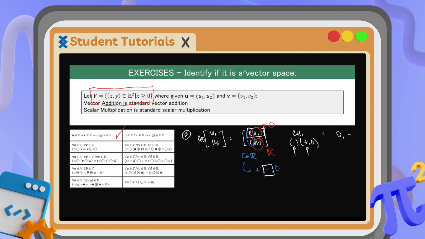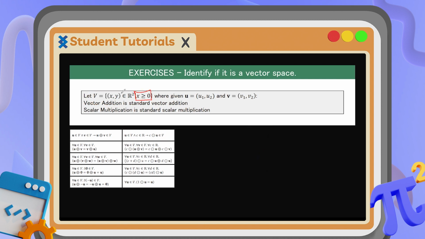This violates the property, because our first element would then not be non-negative anymore. So it is not part of the vector set V. Therefore, if it does not satisfy that property, it is also not a vector space.